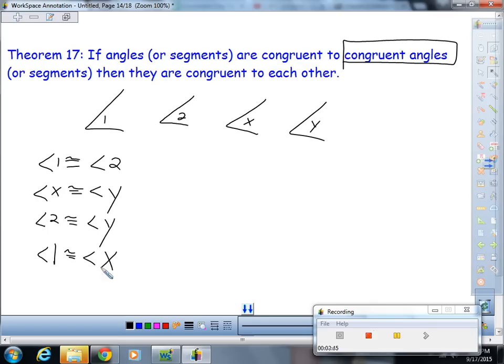It's the same thing. You'll get good at that. So both those we'll just refer to as the transitive theorem in this class.